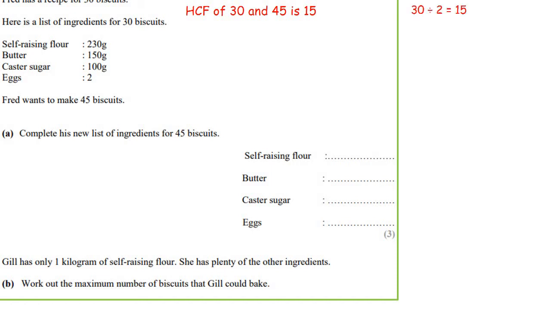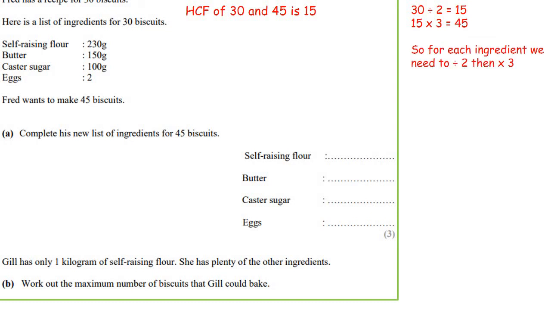And we know that 30 divided by 2 is 15. So if I halve each of the ingredients, that tells me how much I need for 15 biscuits. I then need to multiply by 3 to work out how much I need for 45 biscuits. So I'm halving the ingredients to find the amount for 15 and then multiplying by 3 to find how much for 45.